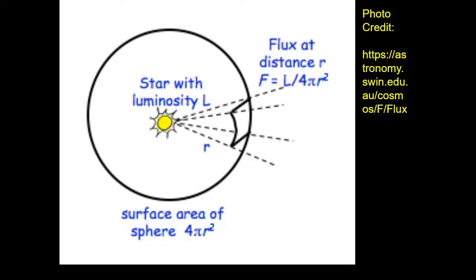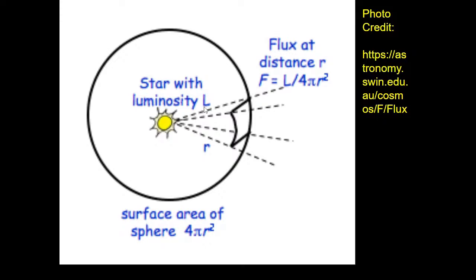Now, you might wonder, suppose we have a celestial body for which we can estimate the luminosity by some other means.